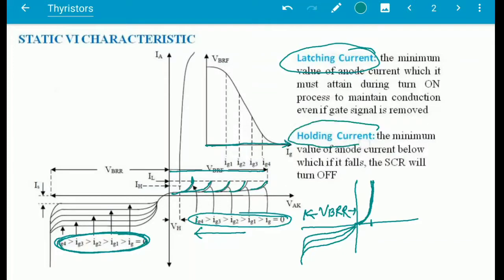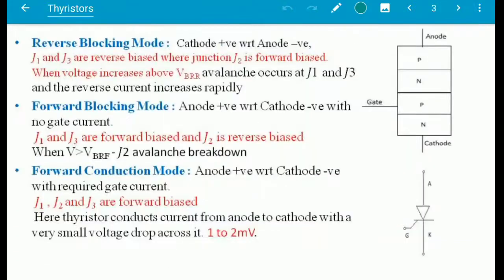Before that I want to discuss the main mechanism. There are three modes of thyristor operation. First is reverse blocking mode.